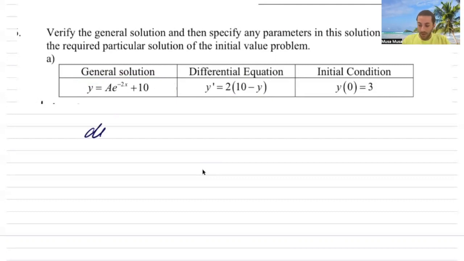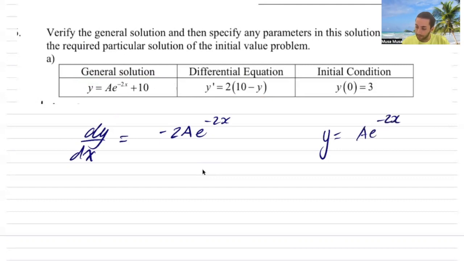So dy on dx equals, we take the derivative of an exponential, you multiply by the derivative of the power. So it's minus 2a e to the minus 2x. Now, let's write this again here, because we need to get it in terms of y. And this whole a e to the minus 2x, you can tell is no longer there.